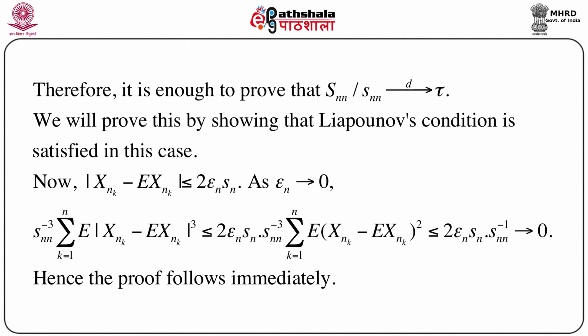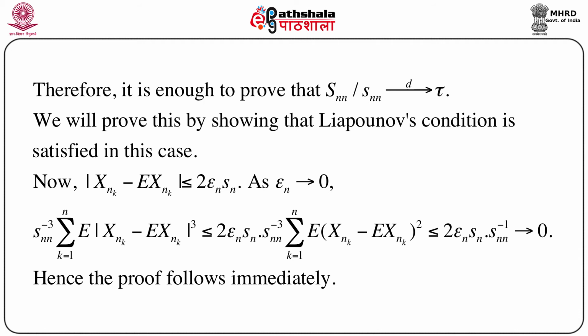Now note that |X_nk − E(X_nk)| is less than or equal to 2εs_n. Now as ε_n goes to 0, s_nn^{-3} Σ_{k=1}^n E|X_nk − E(X_nk)|³ is less than or equal to 2εs_n · s_nn^{-3} Σ_{k=1}^n E(X_nk − E(X_nk))².